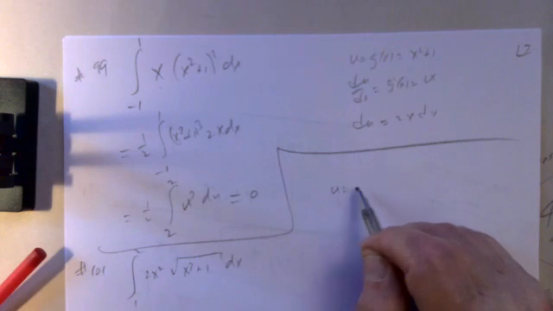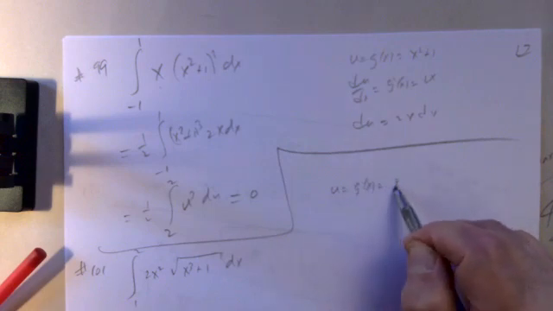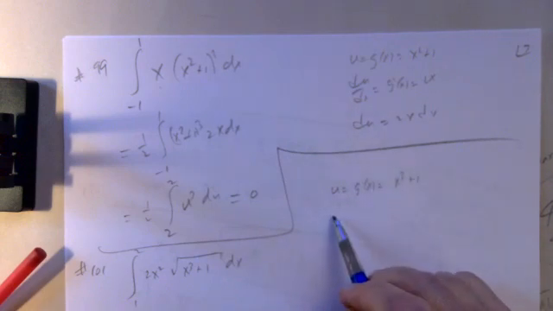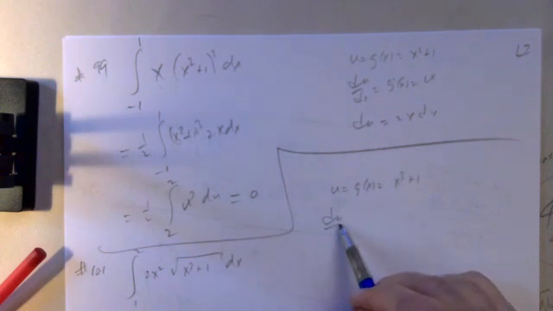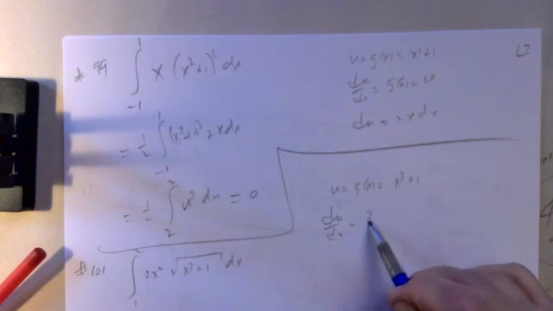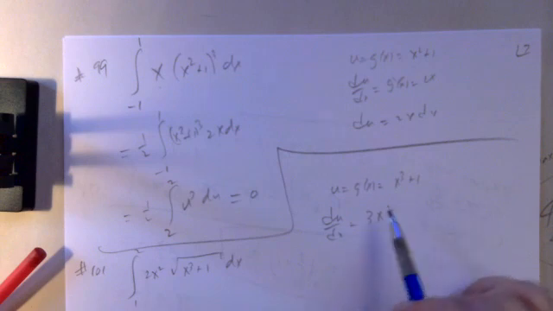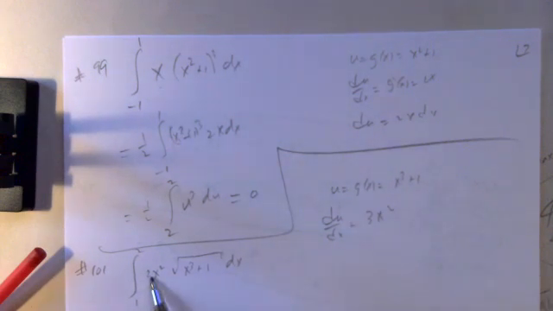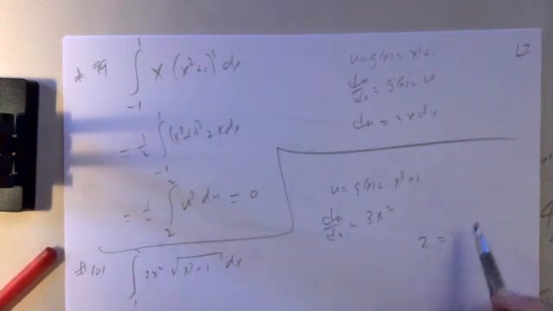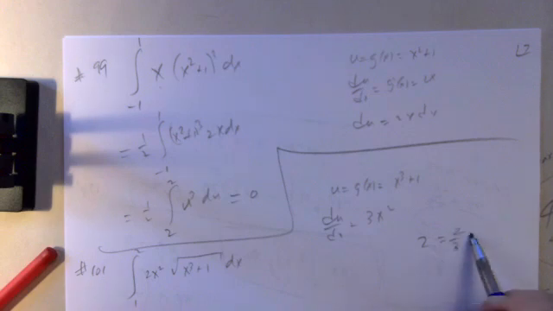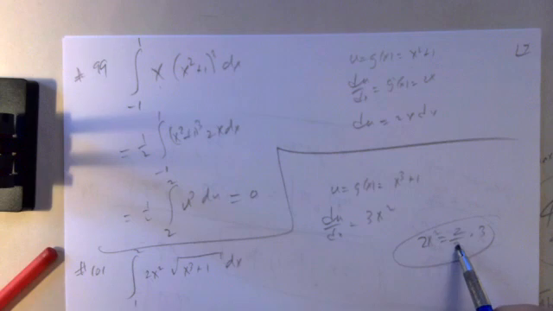So if we let u be the function g of x, which is x cubed plus 1, du dx is 3x squared. And unfortunately, I don't have 3x squared, I have 2x squared. But of course, 2 is the same as 2/3 times 3. So 2x squared is 2/3 times 3x squared.